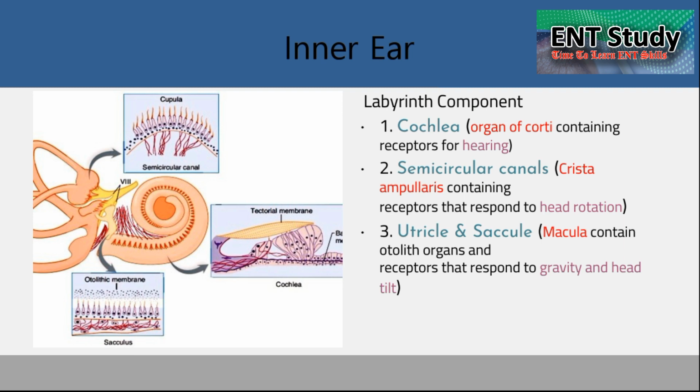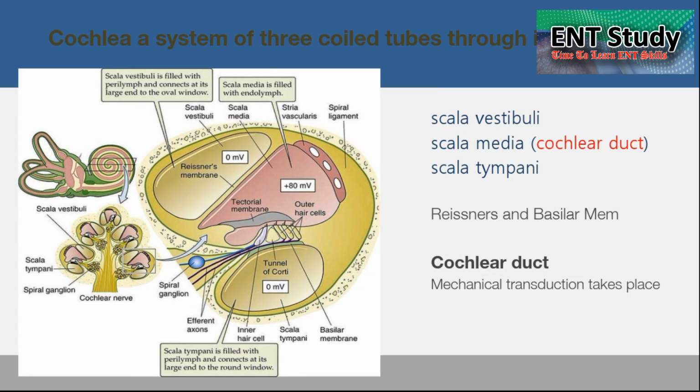The inner ear comprises 3 main structures: the cochlea, which is related to the sense of hearing, the semicircular canals, and 2 otolithic organs, which are related to the sense of equilibrium. The cochlea is a system of 3 coiled tubes through its length: scala vestibuli, scala media, and scala tympani.